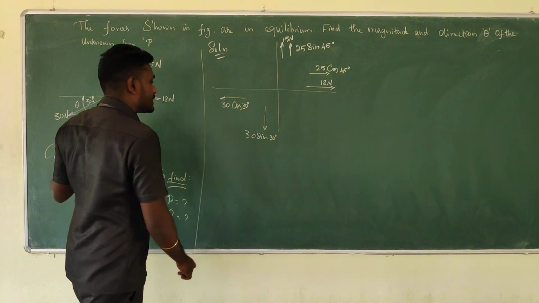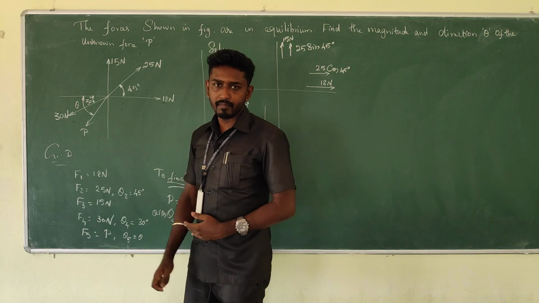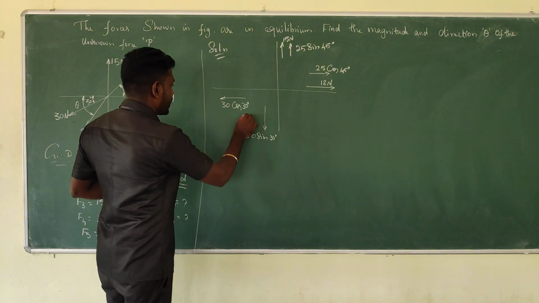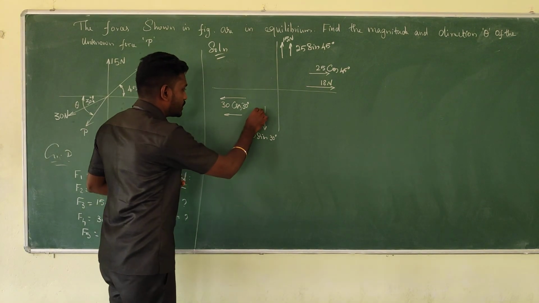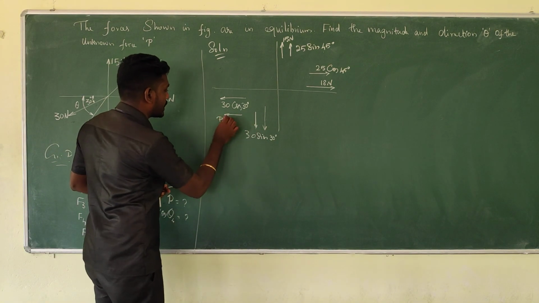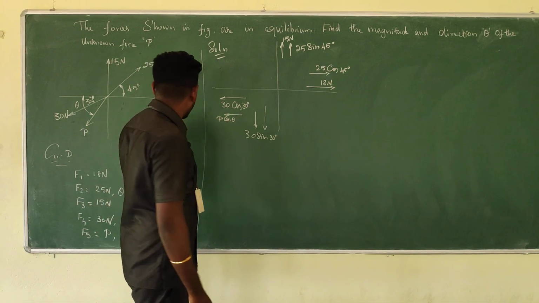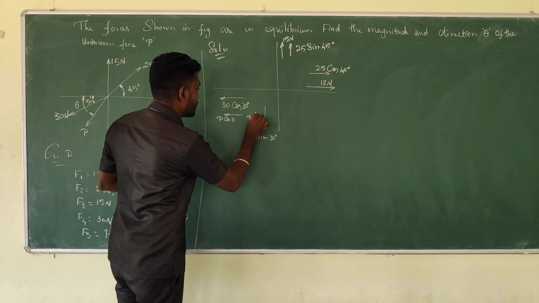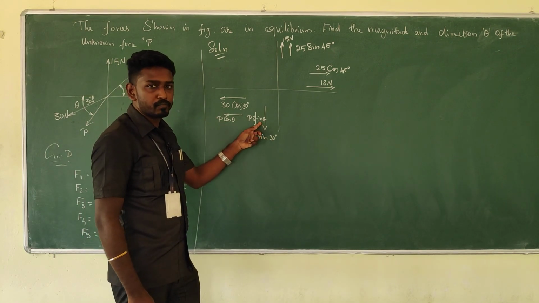One more force is there, which is unknown, in the same position with different inclination. The P force is moving horizontally left and vertically down. So for the horizontal force I can give P cos theta, and for the vertical force P sin theta.